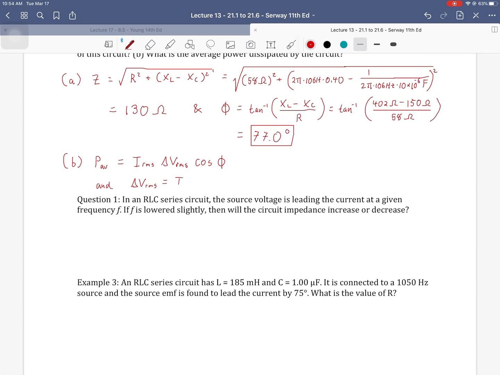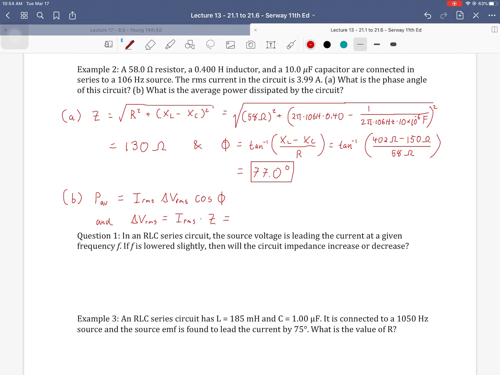It's pretty cool. That's just going to be our 3.99 amps multiplied by our 130 ohms. I'll take the unrounded values, but that's our delta V RMS. So 3.99 multiplied by impedance of 130 gives me 518 volts.